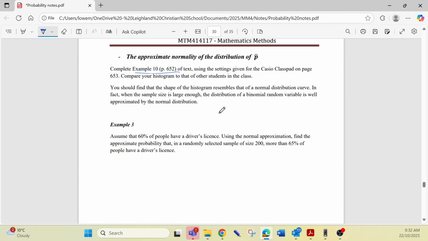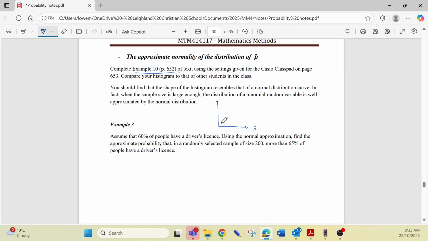So we've said before that for any given sample, we're not necessarily going to get it exactly matching the population proportion.